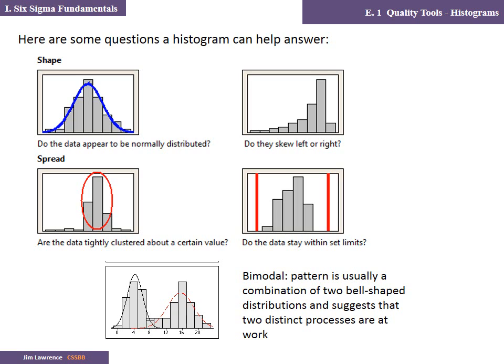If there's tight clustering, it can tell you if you're staying within desired set limits or specification limits. It also helps you tell if you have 2 distributions when you think you have 1. You see here bimodal, or two basic patterns, indicating you probably have 2 separate distributions at work when you might have thought you had 1.